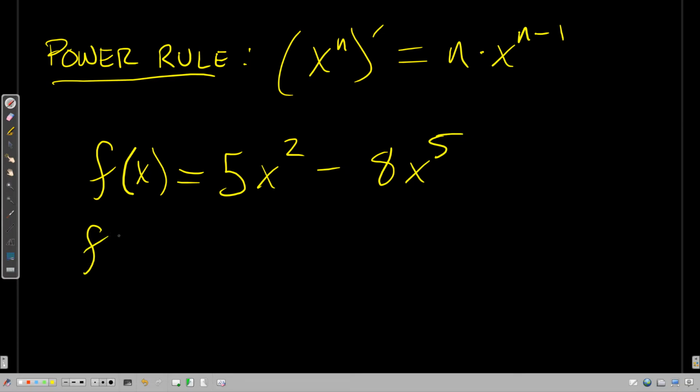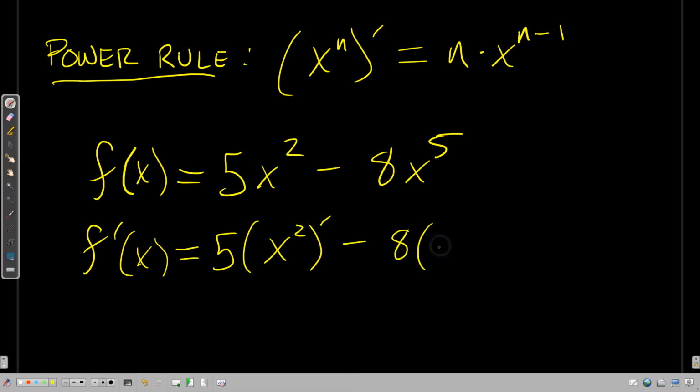Well, then you have to differentiate term by term using this power rule, right? You would say I'm going to pull my constant out and then worry about differentiating the part that explicitly looks like an x to the n. So then you'd have 5 times 2x to the 2 minus 1, which would be 1.